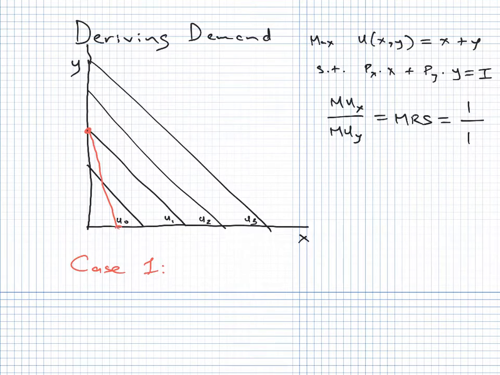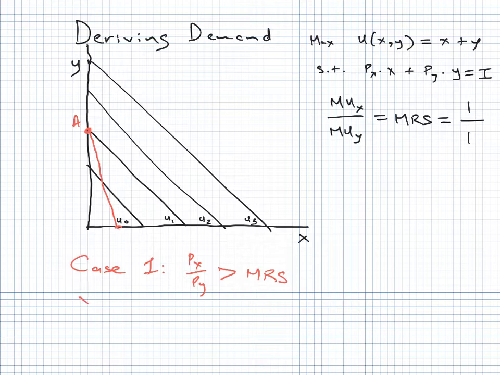Now, the key point for case 1 is you'll notice that the slope of that budget constraint, which in absolute value would be Px over Py, the slope of that budget constraint is greater than the marginal rate of substitution. Now you'll notice as you look at that picture that the very best indifference curve that my consumer can reach when facing that red budget constraint would be right up here at what I'll label bundle A.